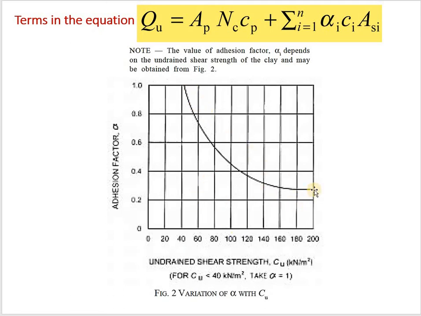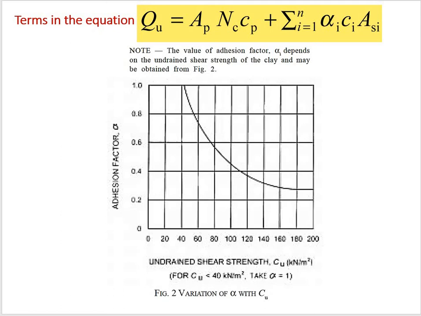That means for a high Cu value, you have the adhesion factor as low as 0.2 something, but for Cu of 40 you have an adhesion factor of 1. So as the undrained shear strength is increasing, the adhesion factor will decrease.